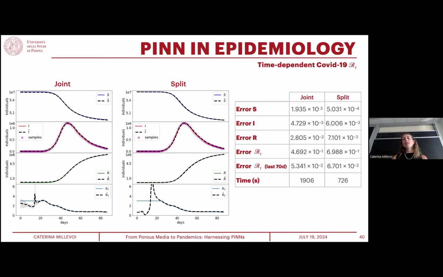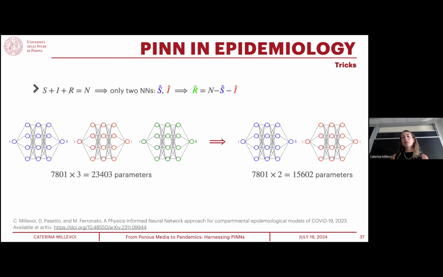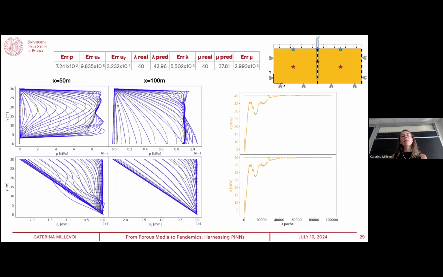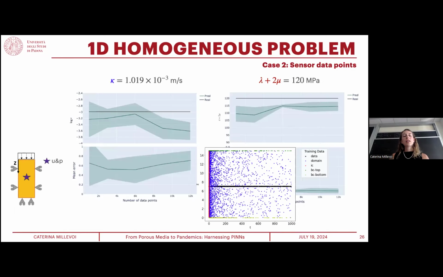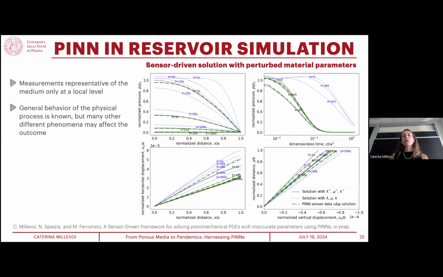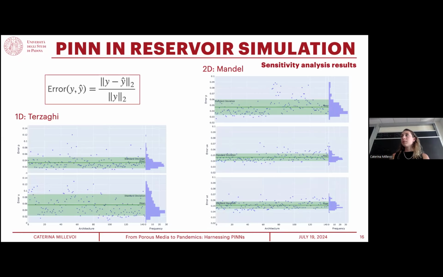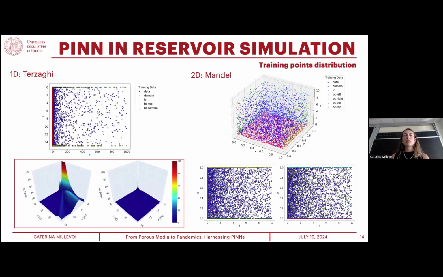Yes, exactly. What I showed at the beginning was exactly the distribution of the collocation points in time for the forward solution of PINNs, because a logarithmic distribution in time gave us better results with respect to a uniform one. So for sure, the results with PINNs are really affected by the distribution of the collocation points.